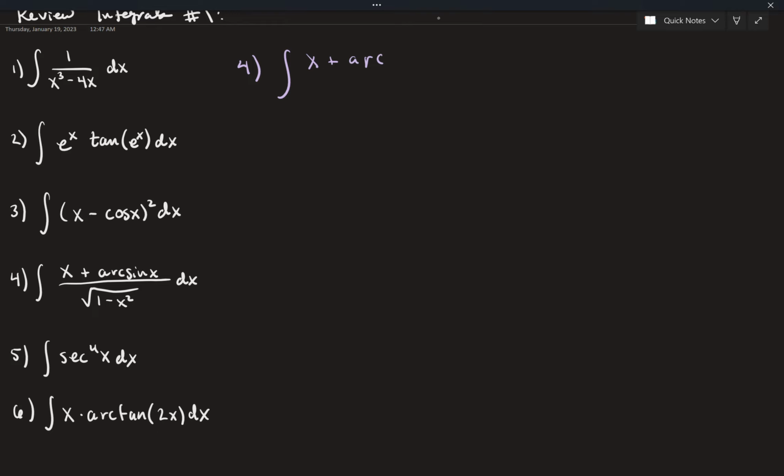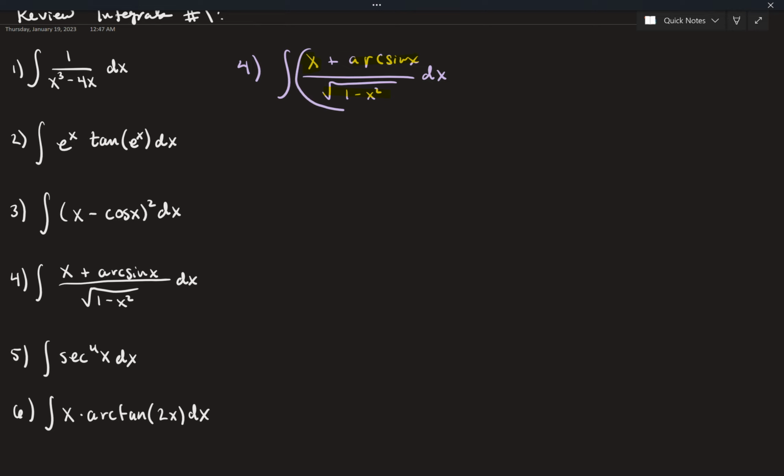x plus arcsine x over square root 1 minus x squared. So what do I see? Well, I see I have arcsine and its derivative here, but I actually don't think I want to go for a u sub just yet, because this x is probably going to get in the way of that. So for now, I'll leave it.